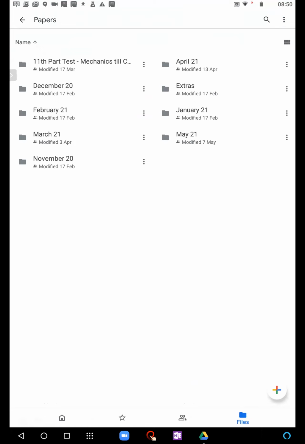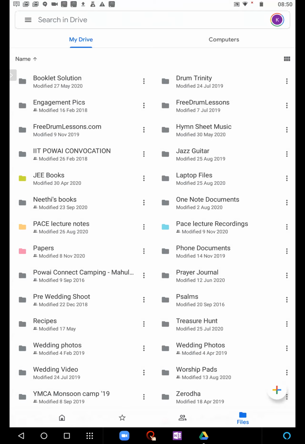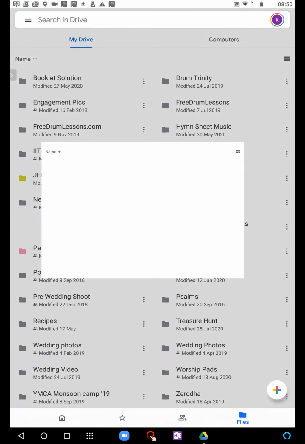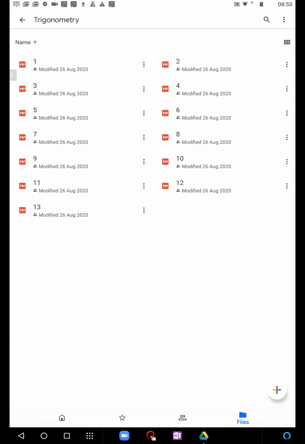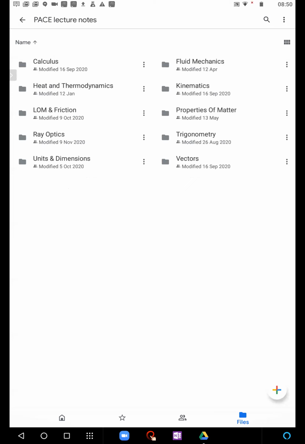So normally, it's not an issue for the JEE students because they learn trigonometry in maths. But since some of you may not be opting for maths in 11th and 12th, I have my lecture notes on trigonometry. I have 12 pages which you can go through. This is the same place where you can access your vectors lecture notes.